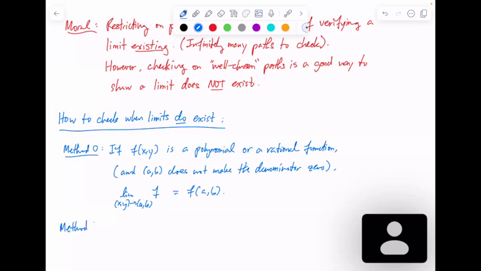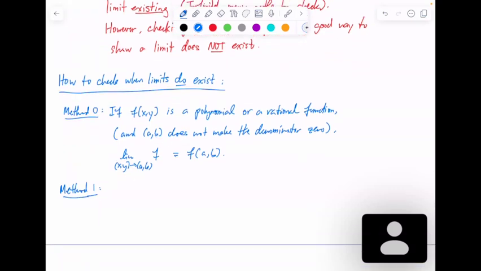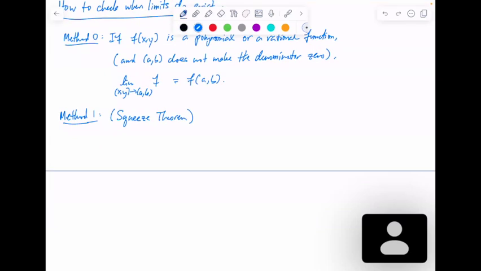Let's do method 1, which is the squeeze theorem. We did this in one variable. Let me state this in two variables first. Suppose we are given a function f of x, y and want to find its limit at (a, b).